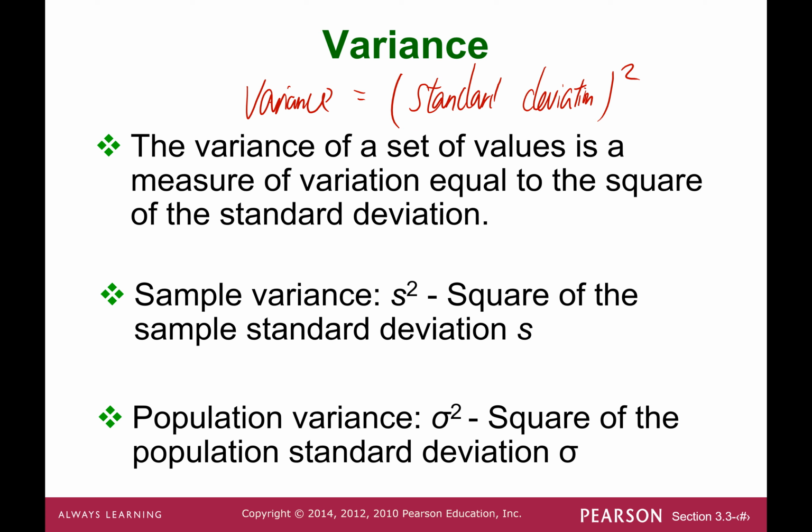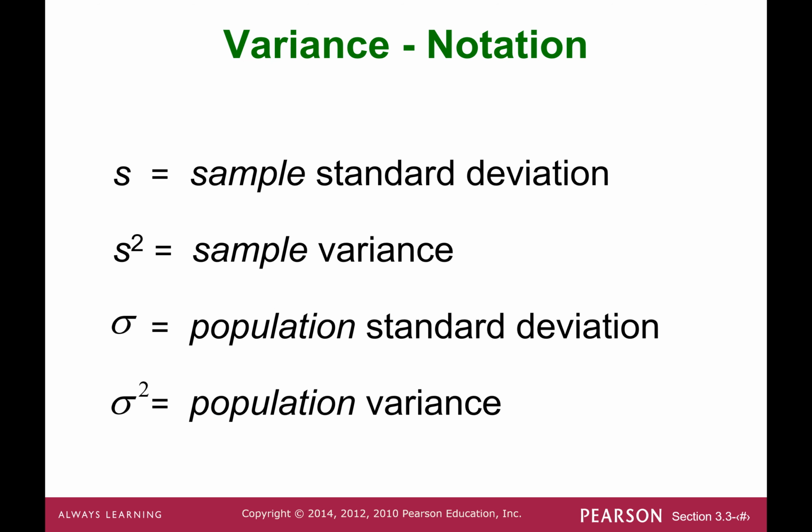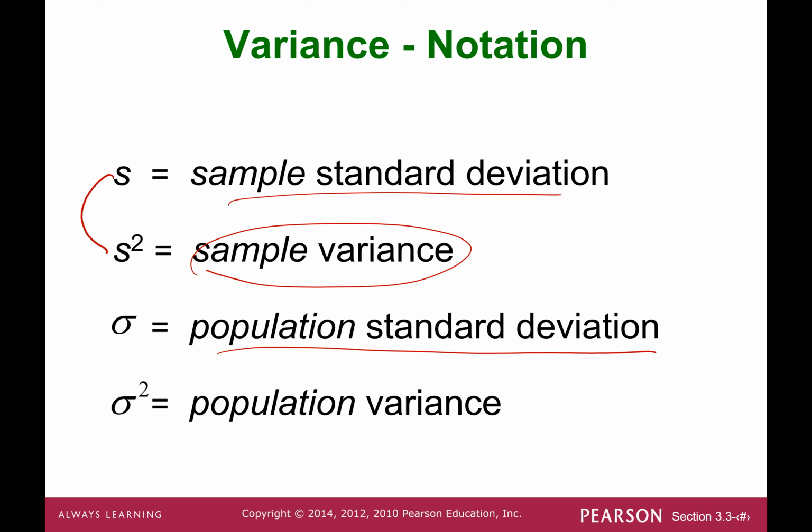For the sample variance, we use s squared, from the sample standard deviation s. Population variance is sigma squared. Again, we're using different symbols to represent sample and population. Sigma squared is the square of the population standard deviation sigma. Okay, so this is the relationship. Sample standard deviation, square that, you get sample variance. Population standard deviation sigma, square that, you get population variance.